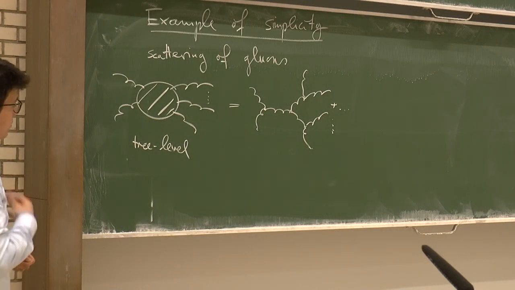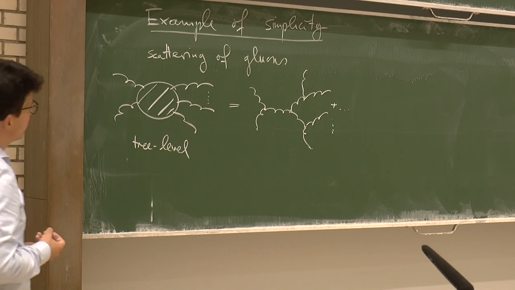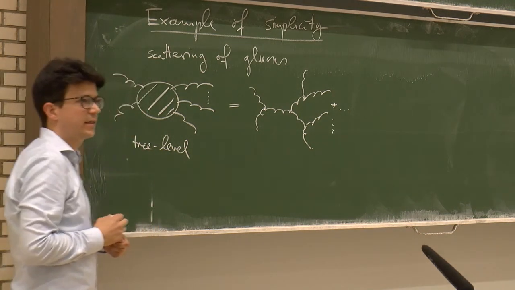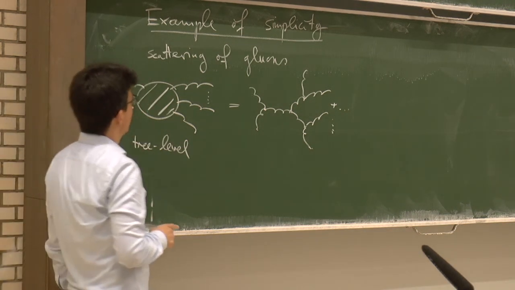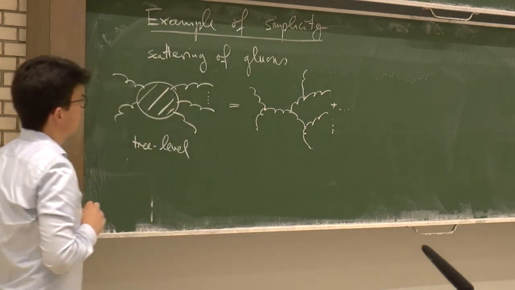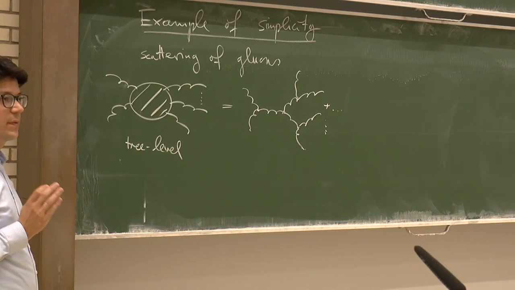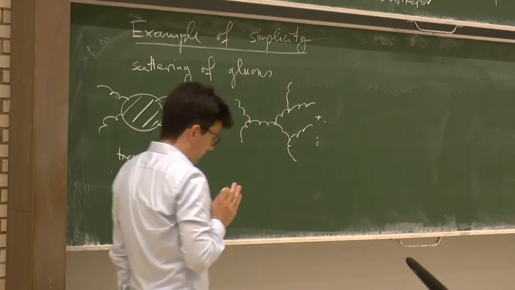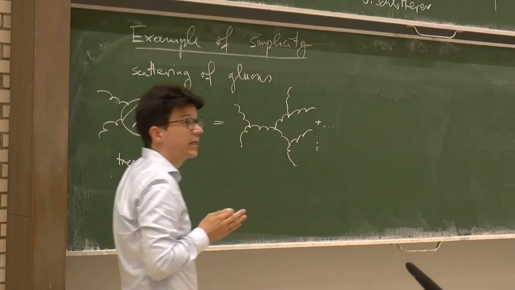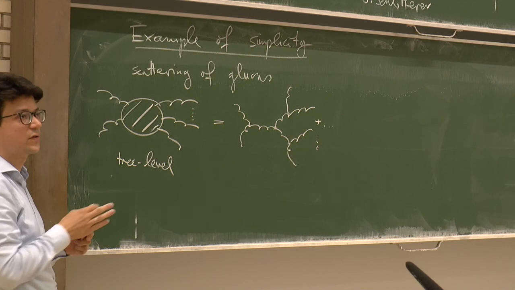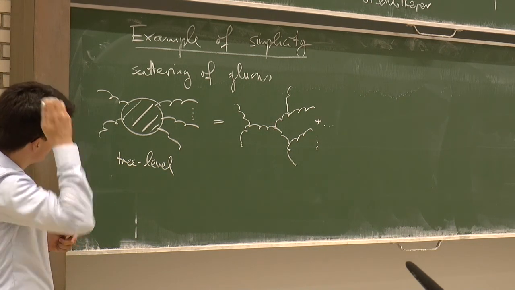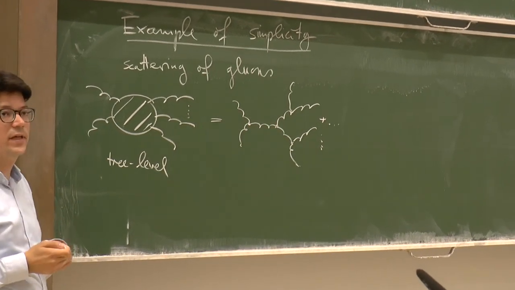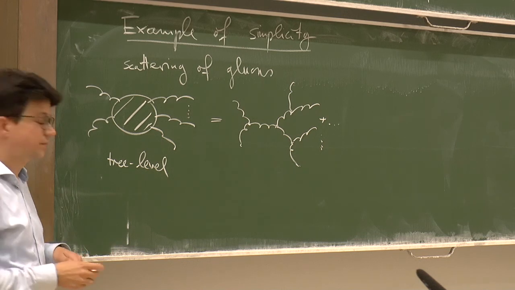Now, what do we need to specify what exactly it is we're doing? So first of all, I said that the gluons have spin 1. Being massless particles, they can be classified by the helicity, which is the projection of the spin along their momentum. And so gluons can have helicity +1 or -1.